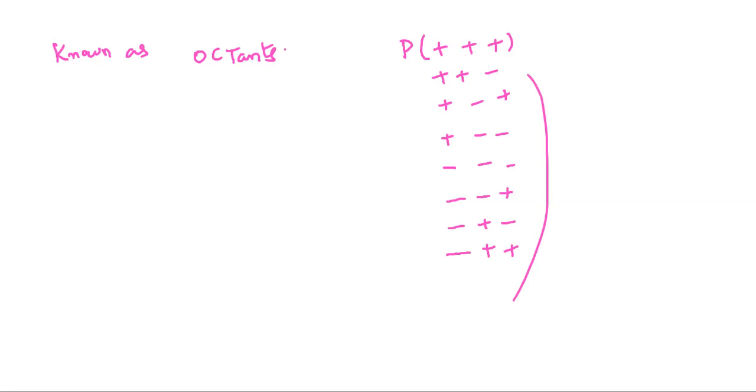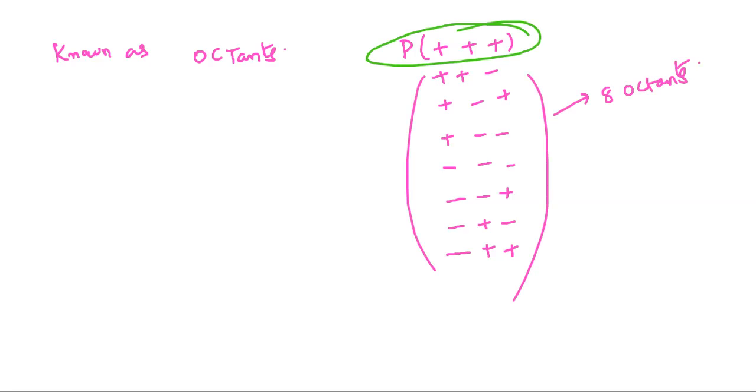So these are the 8 possible positions, 8 octants. So when they say the point lies in first octant, analogous to first quadrant, all have plus plus plus sign scheme.